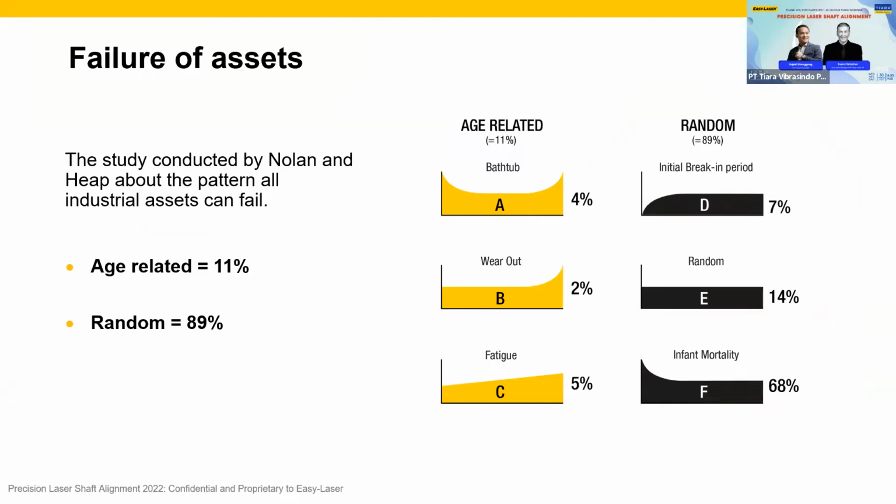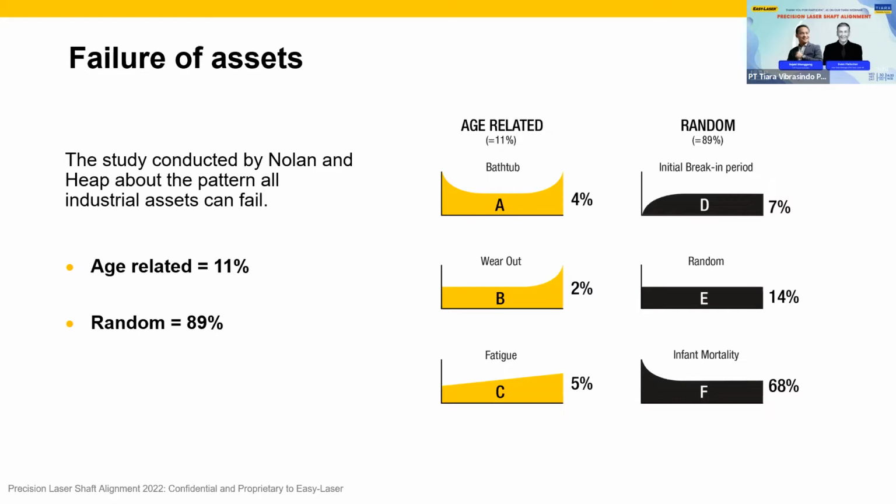Something that comes a little bit out of the condition monitoring concept and reliability corner, just for us here to recap. Most of us know those kinds of graphs. Here we see a study conducted by Nowlan and Heap many years ago about the patterns in which industrial assets can fail. Quite often the first thinking is that the reason for assets to fail is age related, but that is actually only true for 11% across all kinds of machines worldwide.